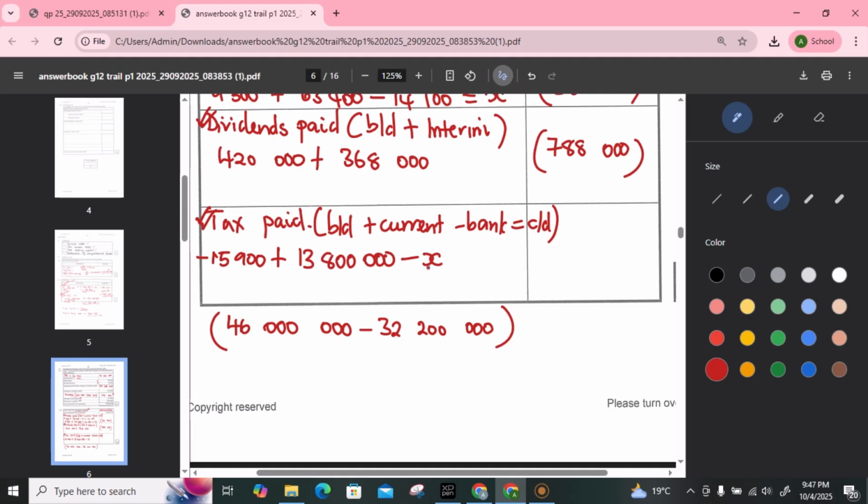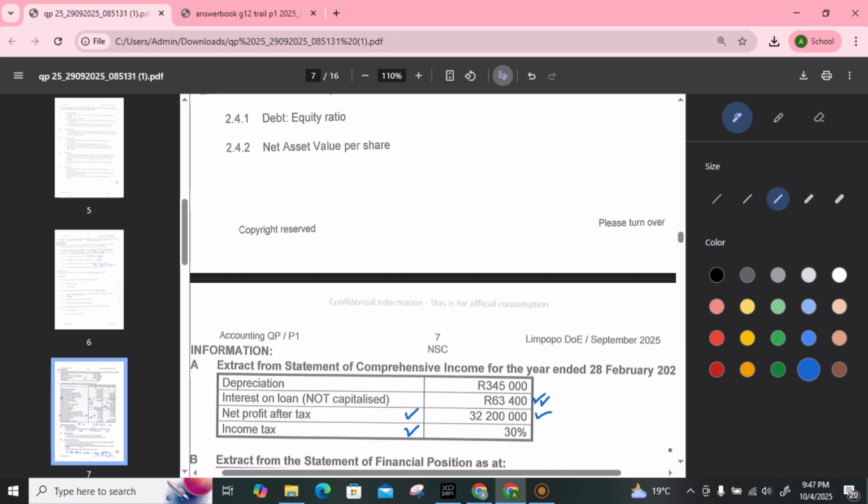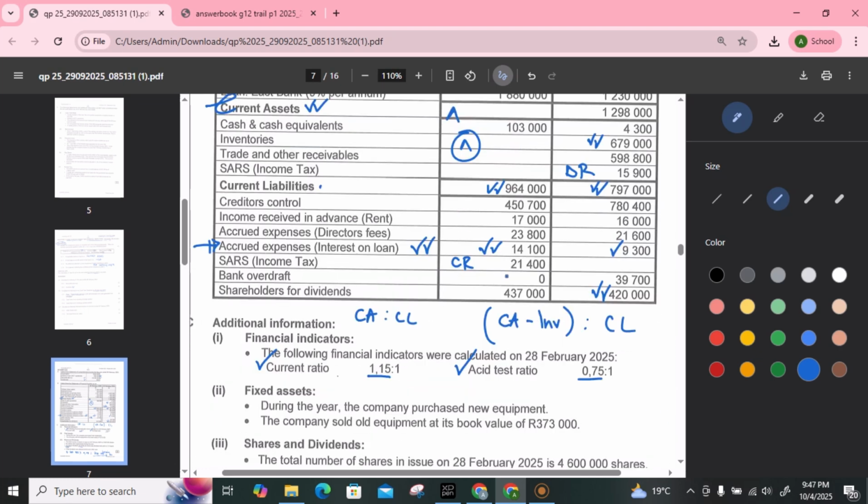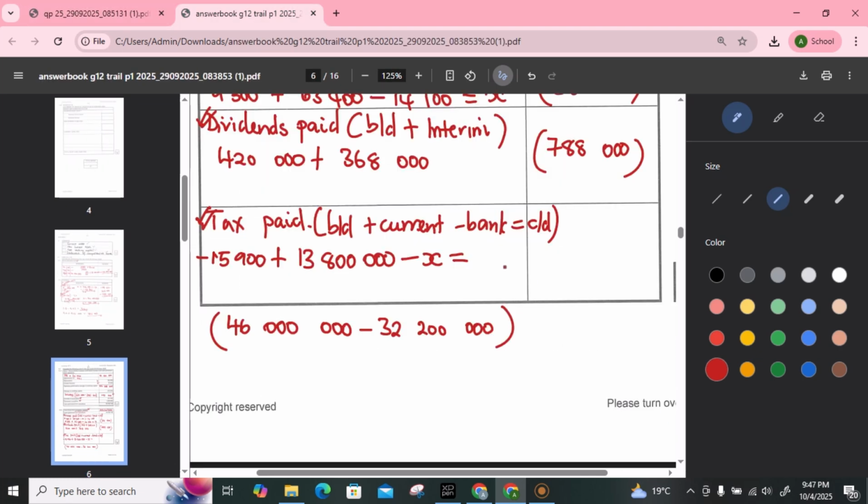The cash which was paid towards tax is equal to our CD here for SARS income tax. It is a liability of 21,400. So we put 21,400 here. Let us rearrange. X must go to the other side so that X can become positive. So it's negative 15.9 plus 13,800,000. Then X will shift while the 21,400 is coming this side.